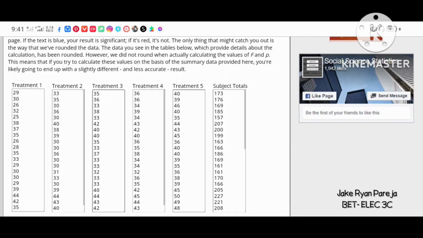For test 3, we have 0.20415, meaning this is normally distributed. For test 4, we have 0.18143, which is normally distributed. And lastly, for test 5, we have 0.26069, which is normally distributed.